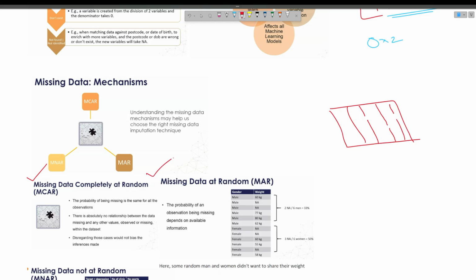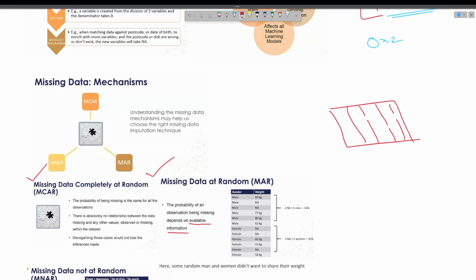There's another thing called missing data at random, which is almost the same. The probability of an observation being missing depends on available information. Here you can see some men and women didn't want to share their weight. That is basically an observation being missing depending on available information.